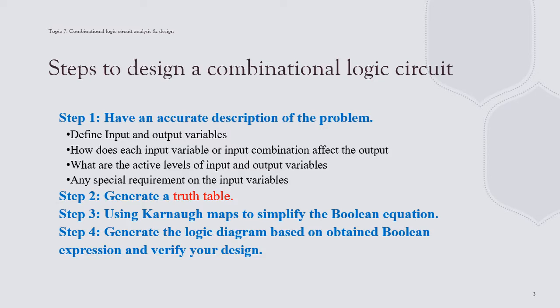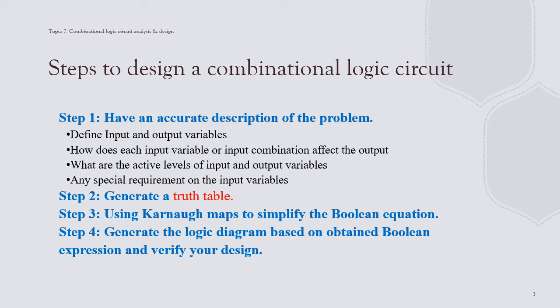Here is a list of the steps we usually use to design a combinational logic circuit. First, we always need to understand our project, like what we are going to make and what the main function of it is. Then we have to define the input and output variables, and also we need to know how the output changes as a function of the input.